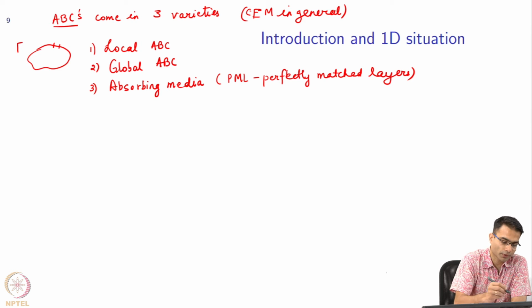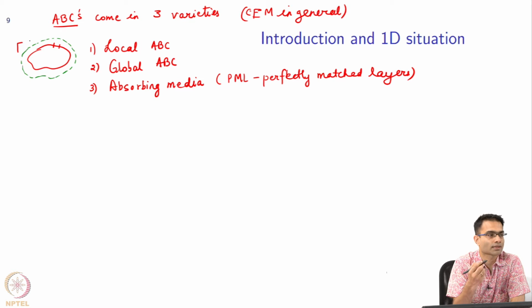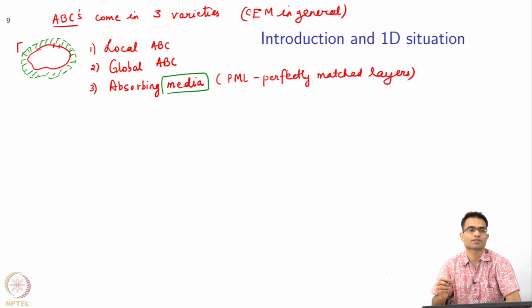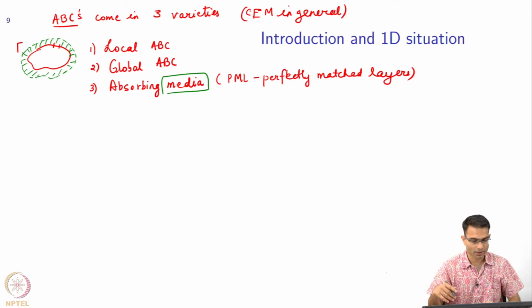So, here the philosophy is that you add another material over here, which has an absorbing property, okay. So, I have to design this material, which basically absorbs the wave and does not send it back. So, no numerical reflection, okay. These are the 3 things.